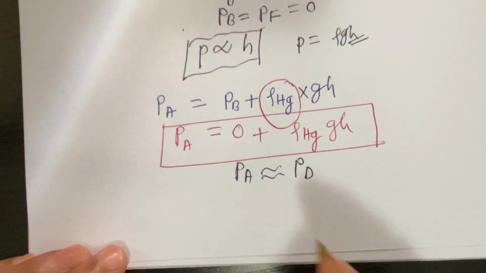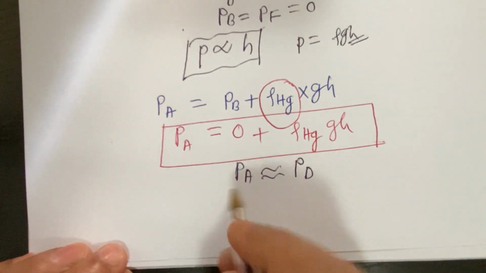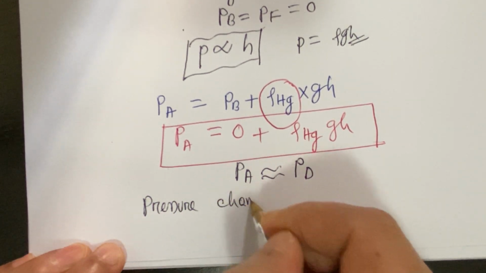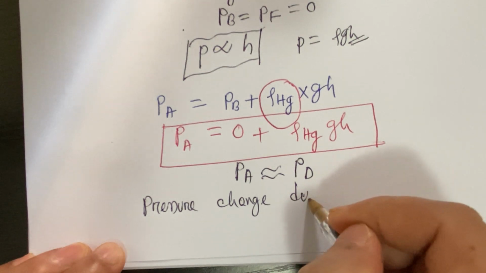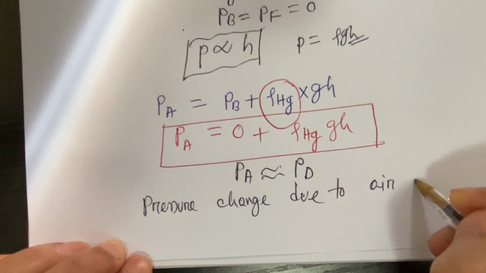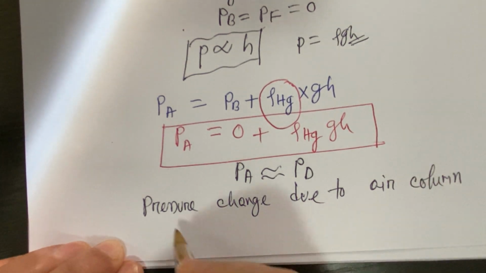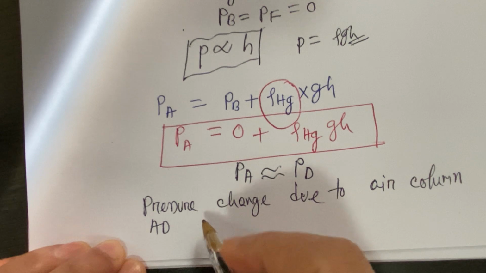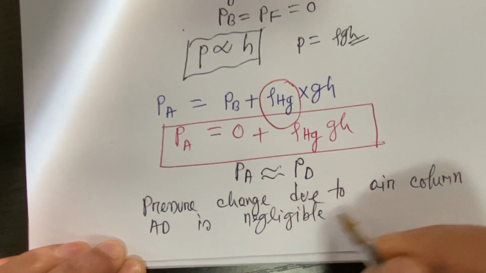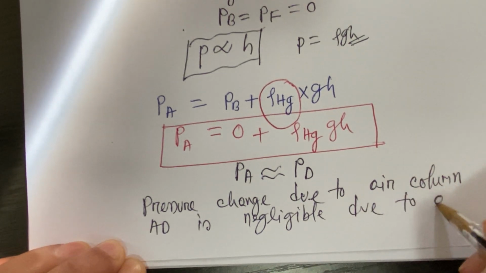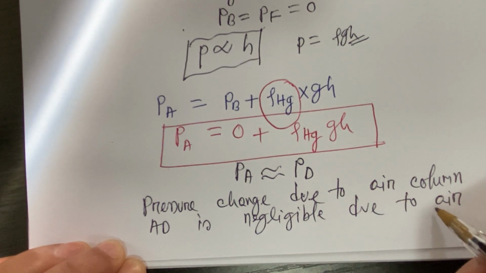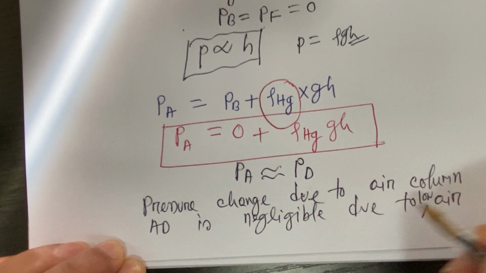If you want, you can write: pressure change due to air column AD is negligible due to low air density.